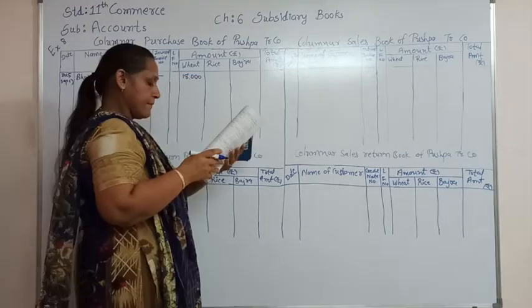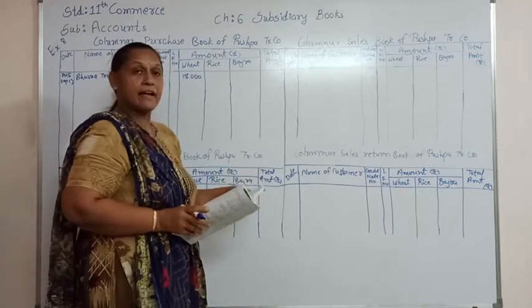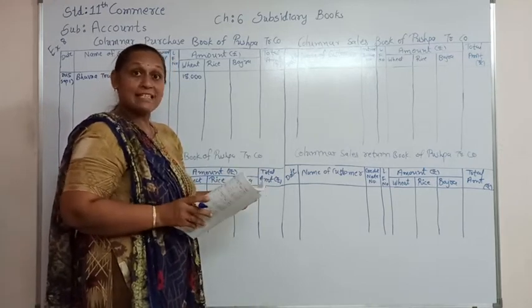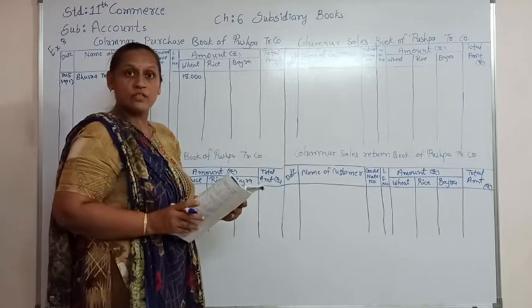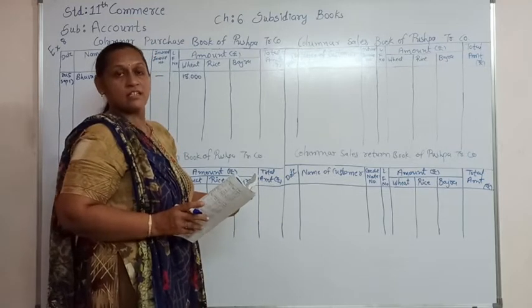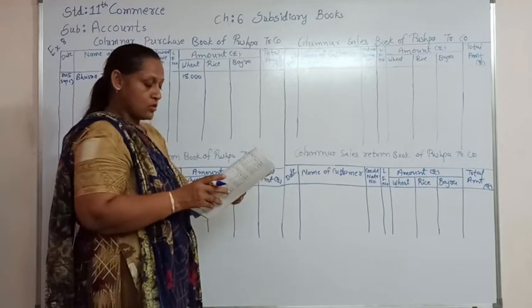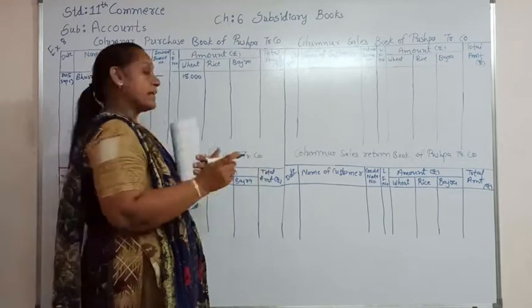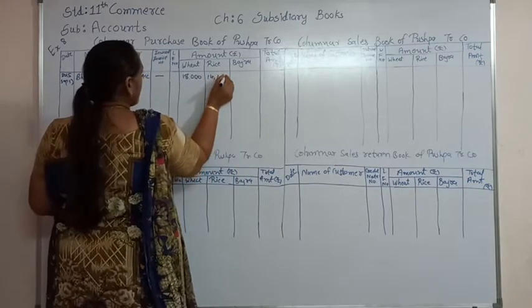Then next is rice. Rice is 400 kg at rupees 40, so it will be 16,000 rupees, and from 16,000 if we deduct 10% trade discount, that will be 1,600, so the amount will be 14,400. So that will be for the rice.